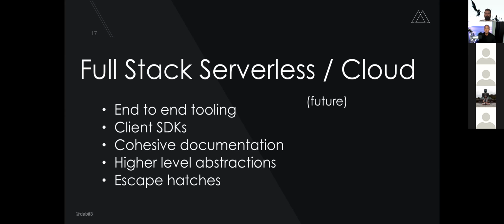We've built higher level abstractions in a CLI based environment, and we're actually working on a few other things that we're going to be releasing at the end of the year that make this even easier. And then escape hatches, because when you have this level of abstraction, you have to be able to have a way to escape and take full control for things that are not yet supported.